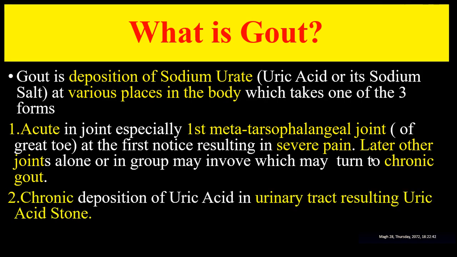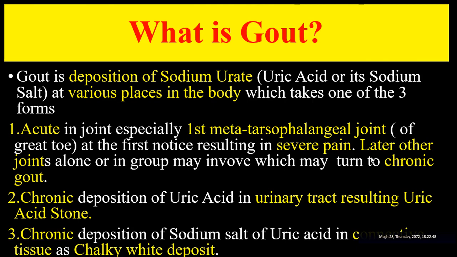Other forms the gout can take is urinary tract stone, uric acid stone in the urinary tract, or it may deposit as chalky white deposit in different connective tissues of the body. Thus, there may be three forms. One is form in the joint, acute gout to chronic gout, second in the kidney, and third in the connective tissue.